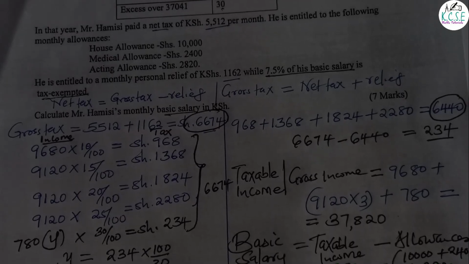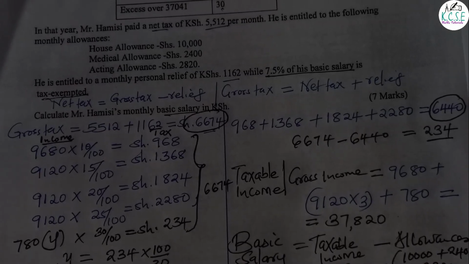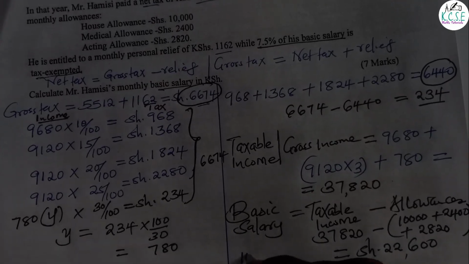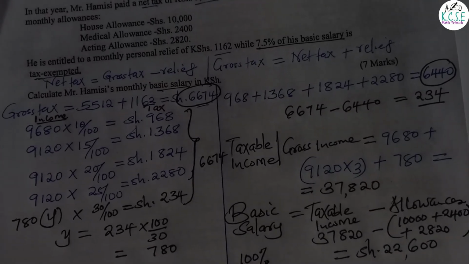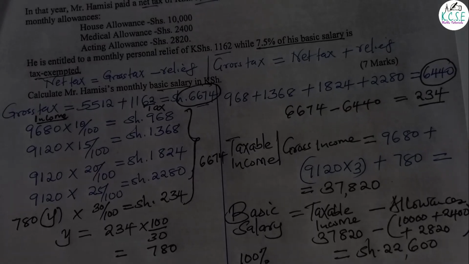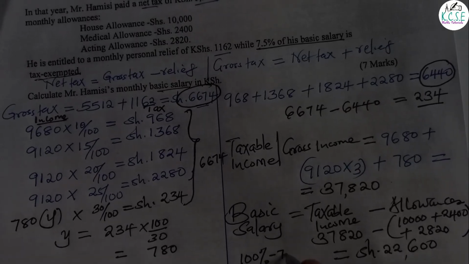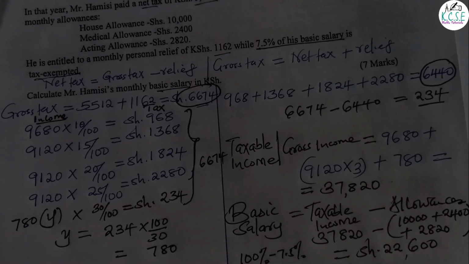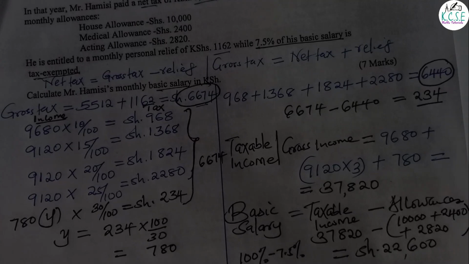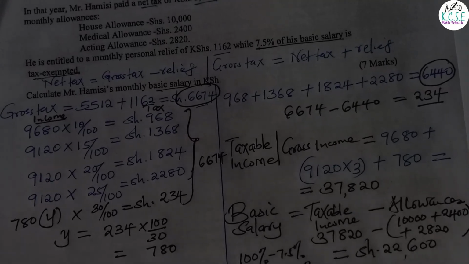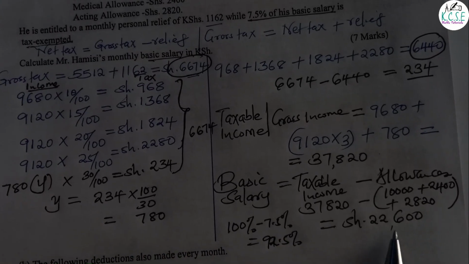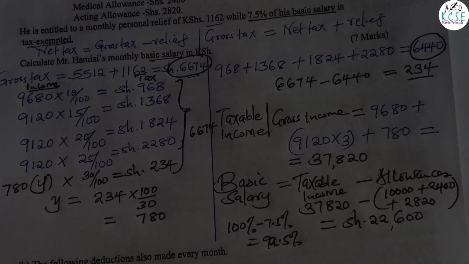How did I arrive at that 92.5%? Because if you take 100%, that is the basic salary, then there is that exemption. You subtract 7.5%, you get 92.5%.